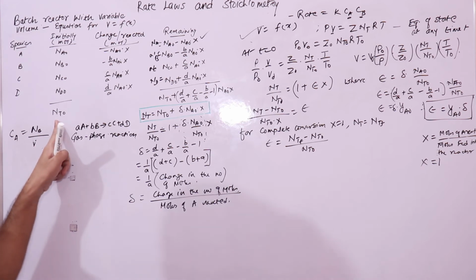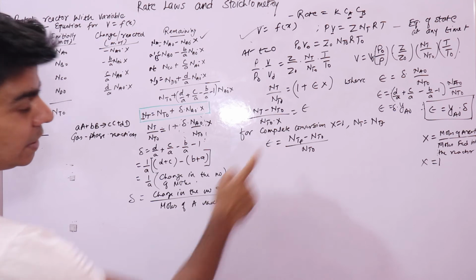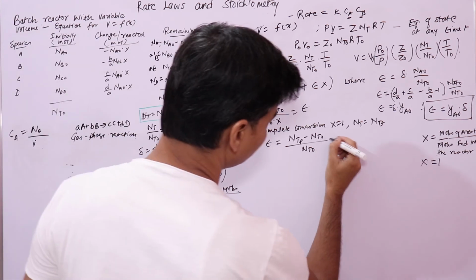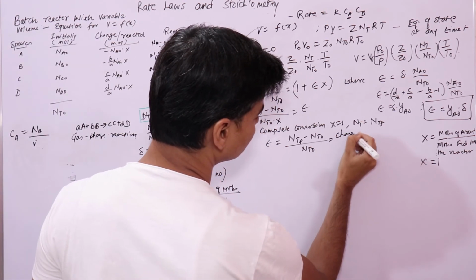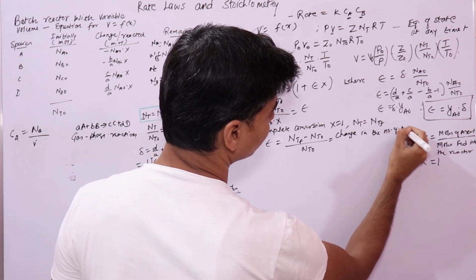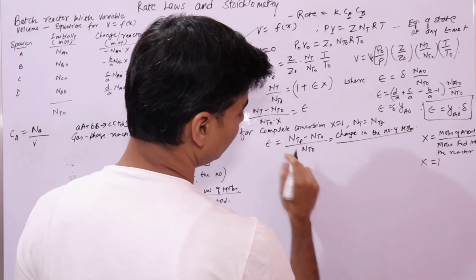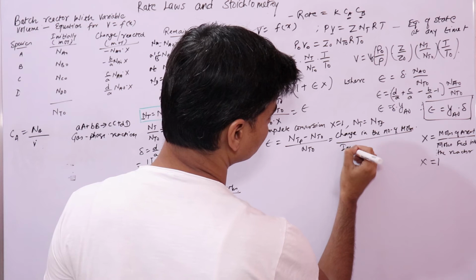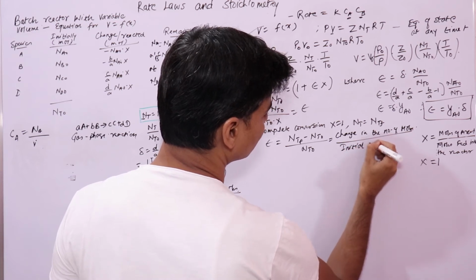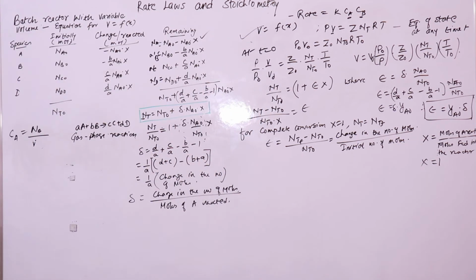Initially you have taken this number of moles, the final number of moles is your NTF. So this is your change in the number of moles divided by your initial number of moles.